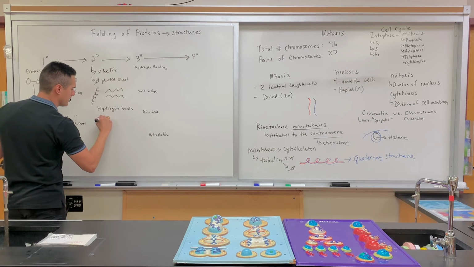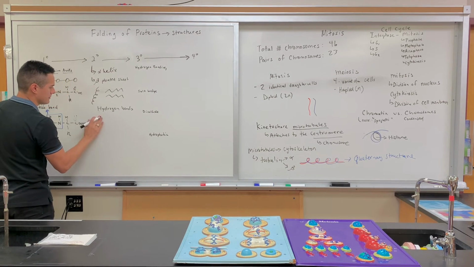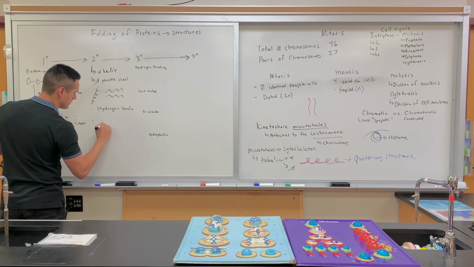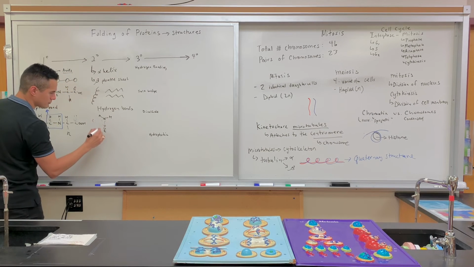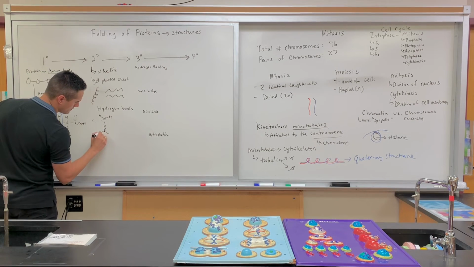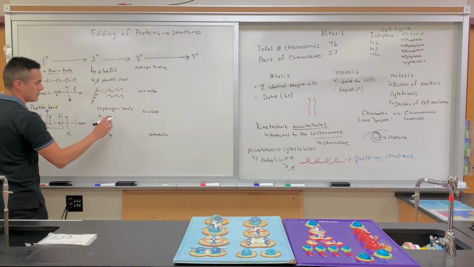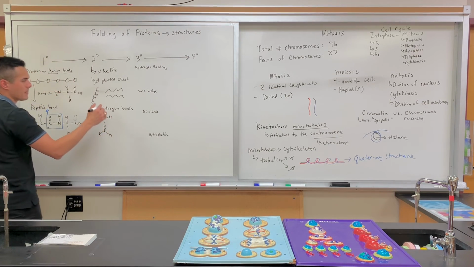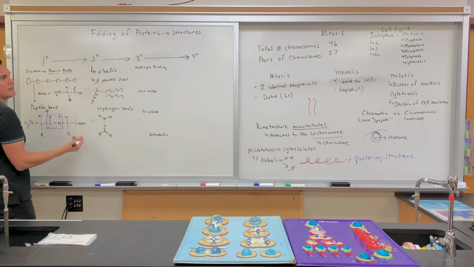So the carbonyl, this part here, let me draw it better. You'll have the carbonyl, which will bond to the amine group right there. I'm just going to write R group. Okay, so we'll have some hydrogen bonding here for the alpha helices and the beta pleated sheets. So that's moving into the secondary structure.